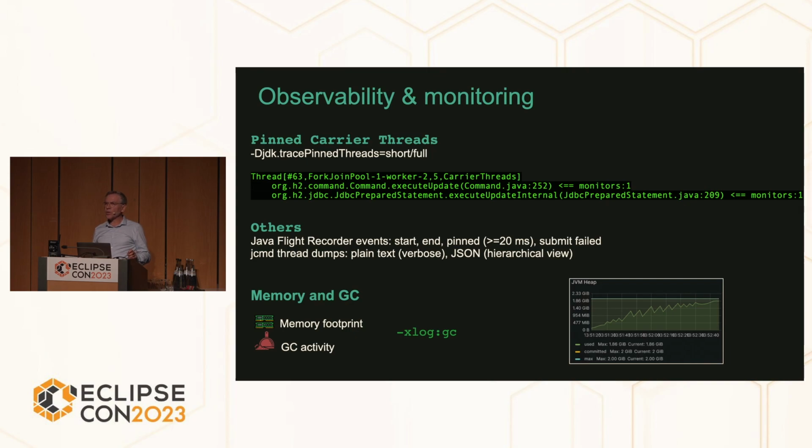Clearly, it's not easy to spot issues navigating in this kind of thread dump. Maybe it will be improved in the coming versions. Okay? And of course, you can use the usual Java tooling to monitor the memory and the garbage collector.